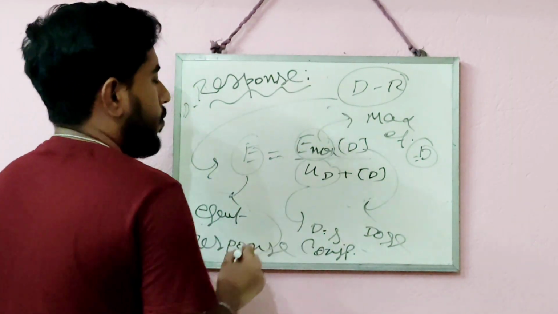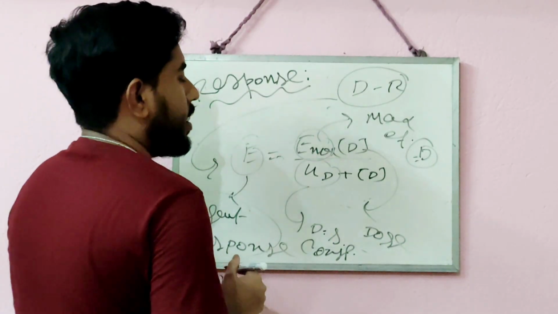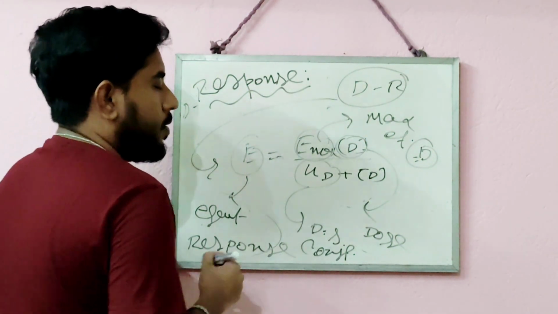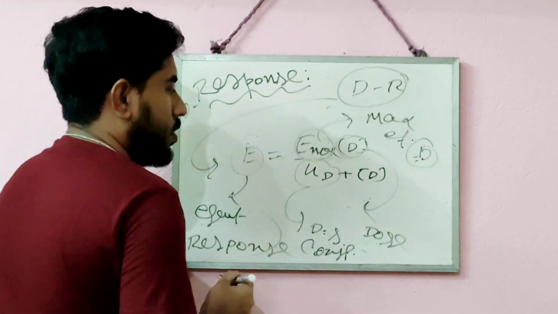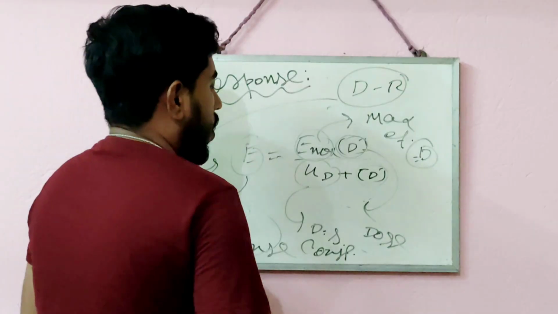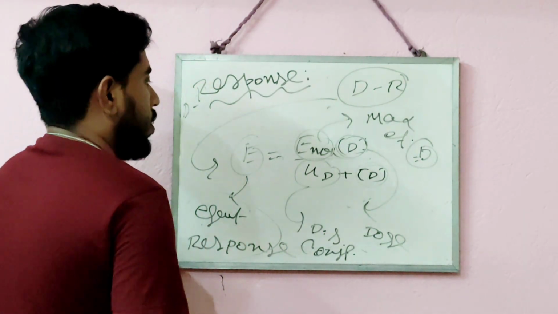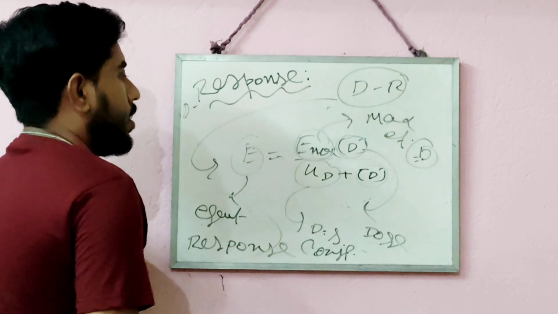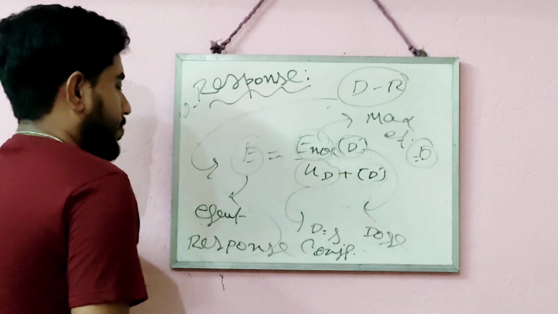Emax is the maximum effect or maximum response that can be shown by a drug. D is the dose, that much drug that we are taking into our body, and KD is called the dissociation constant. That equation we have to remember to understand the drug response relationship.